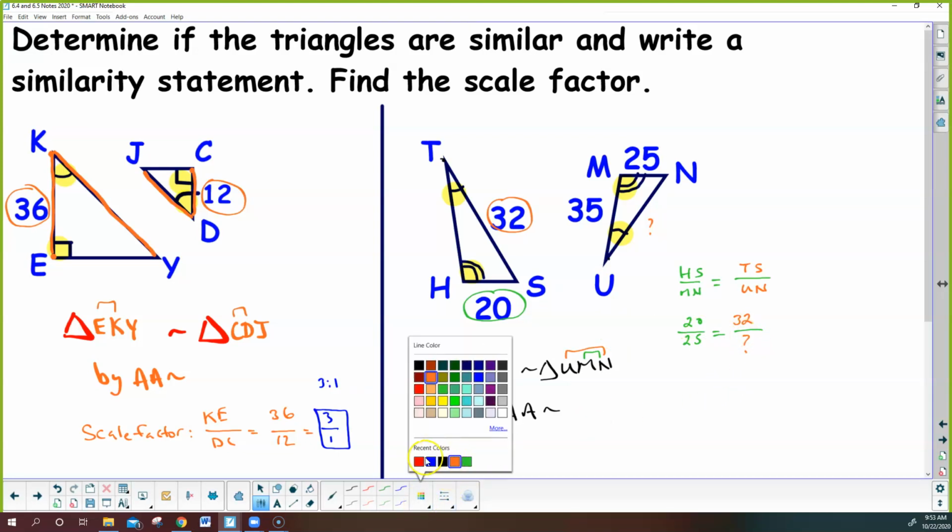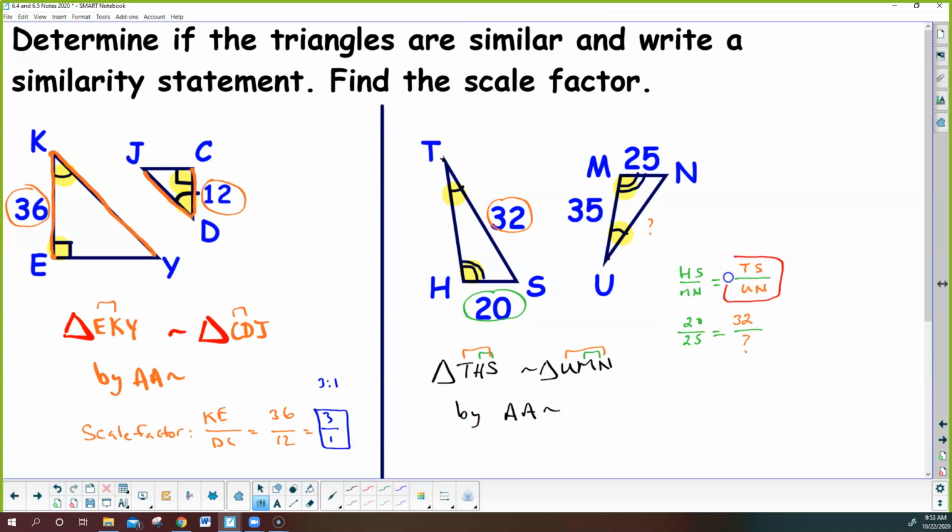So, can I find my scale factor from this ratio? No, because we don't have enough, which means I have to use the ratio that I know. So if I want to find the scale factor, we're just going to reduce the ratio of 20 over 25. Well, they're each divisible by 5, so that's going to be 4/5. There's my scale factor.